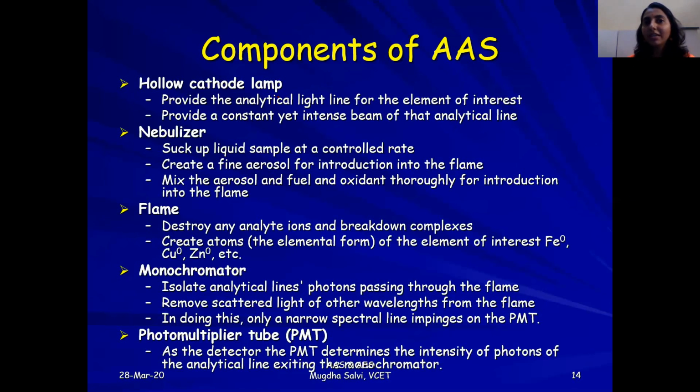As I had just given you the ranges, 589 nanometer is the wavelength which is emitted by sodium when excited. So you have to select the lamp accordingly and the filter accordingly for atomic absorption spectrometry. It is a very, very sophisticated instrument in that terms.